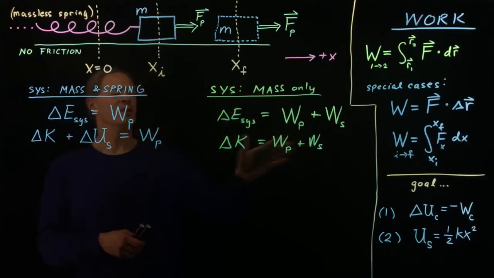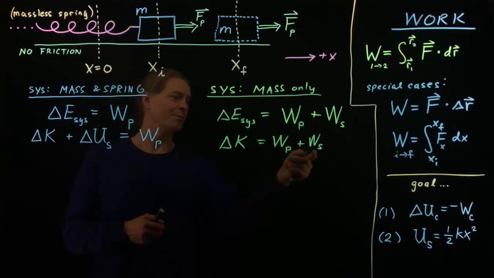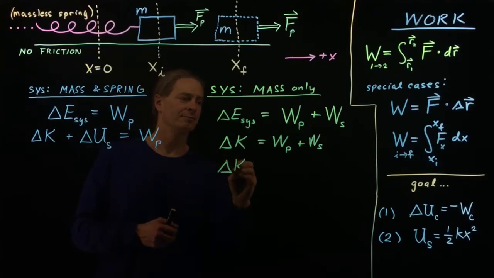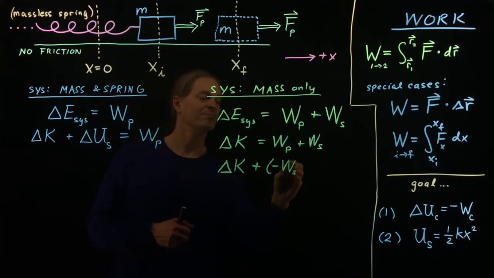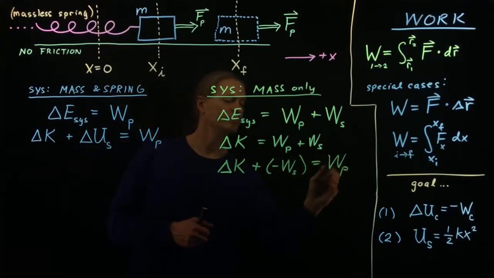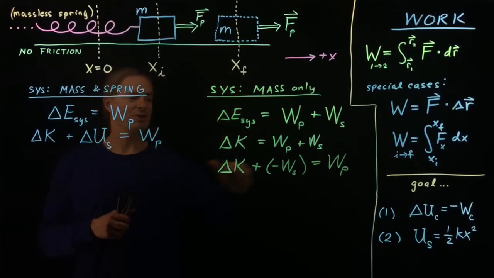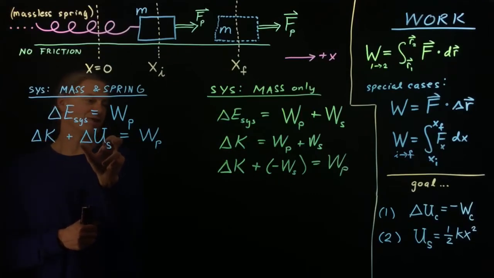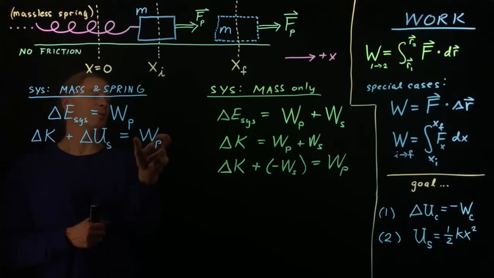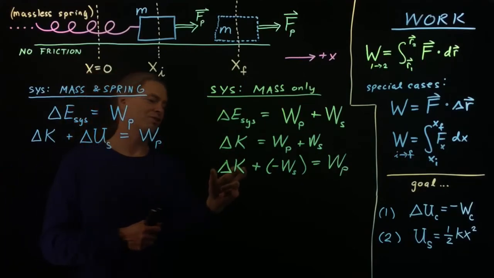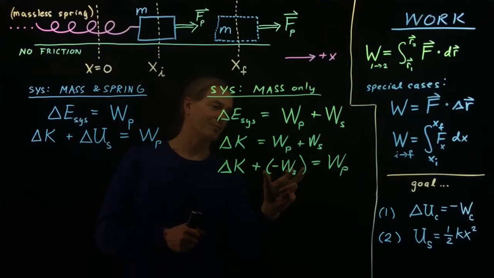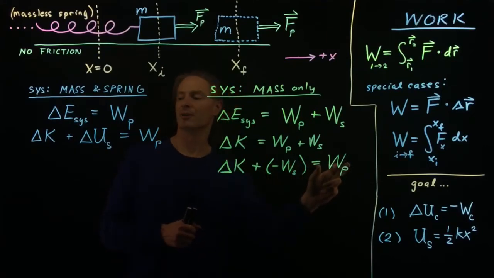All right, so let me just rearrange this expression. I'm going to subtract the work done by the spring from both sides. Now these expressions look very similar. I've got the change in kinetic energy plus the change in spring potential energy equals the work done by the pulling force. Here I've got the change in kinetic energy plus the negative of the work done by the spring equals the work done by the pulling force.